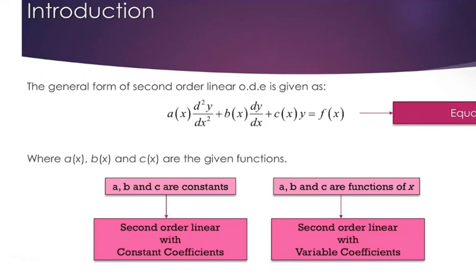So now we want to see the first part, second order linear differential equation with constant coefficient. So our functions a(x), b(x), and c(x), now let's treat them as constants. Constant is a number.